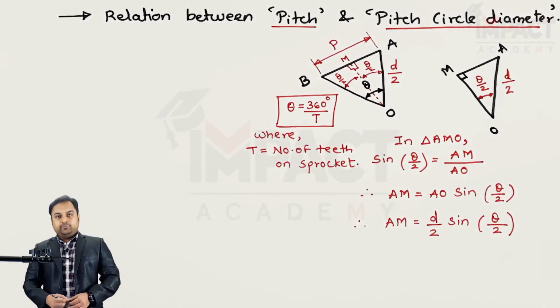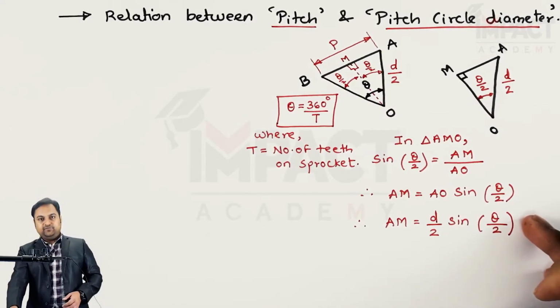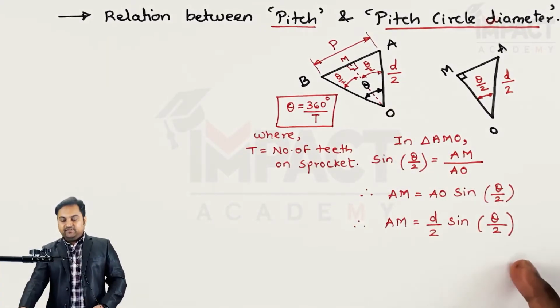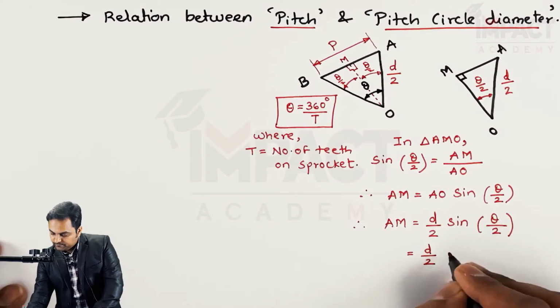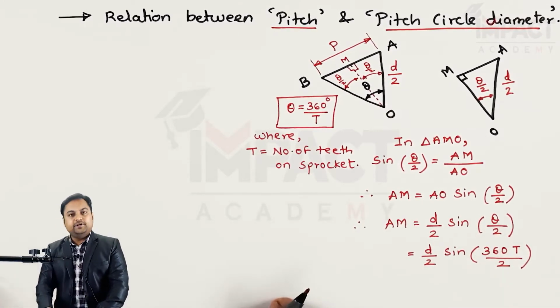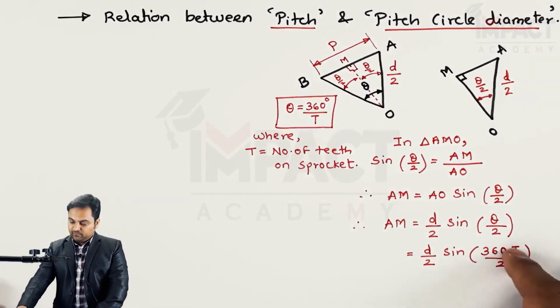So here I would be putting the value, instead of theta, I would be writing it as 360 divided by T divided by 2. So here this will become 180.